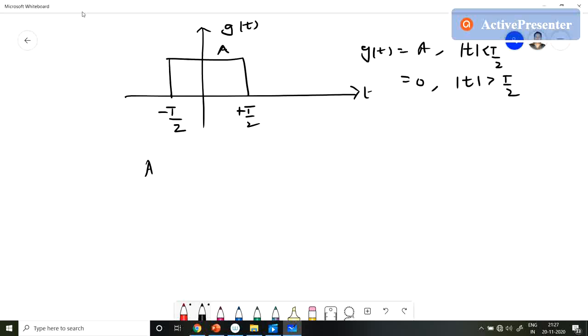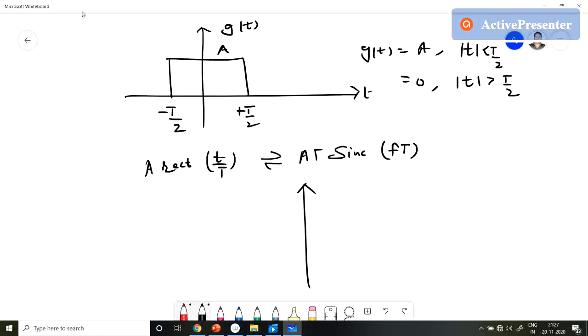According to the relation, A rect(t by T) has the Fourier transform AT sinc(fT). So let us draw that.